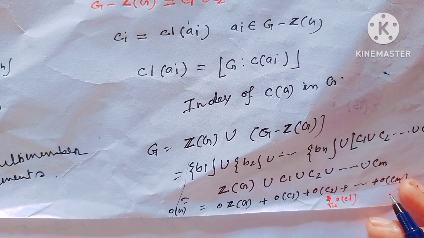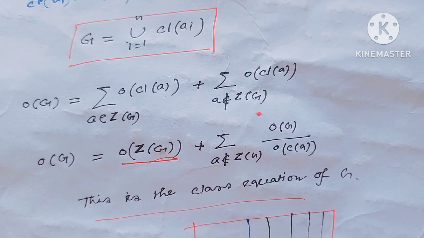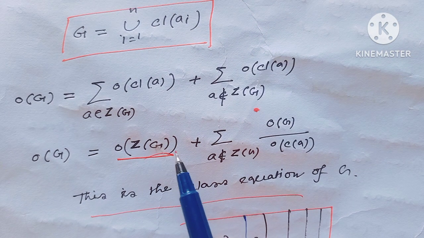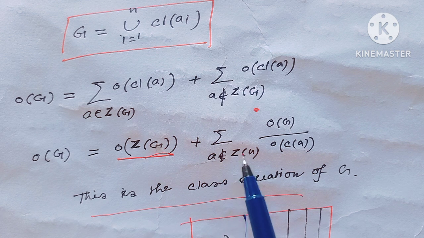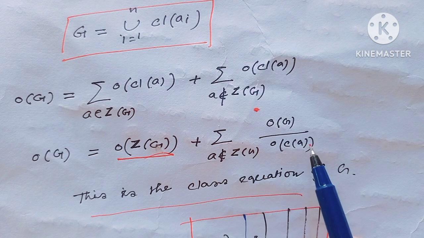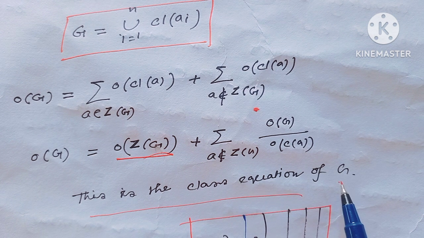This is the class equation of group theory: the order of G equals the order of Z(G) plus this quotient sum. This is the class equation in group theory.